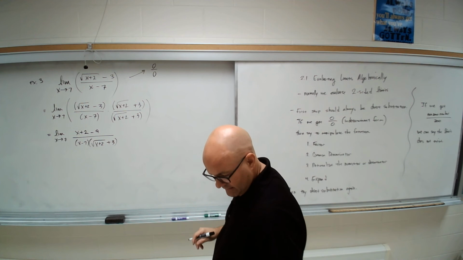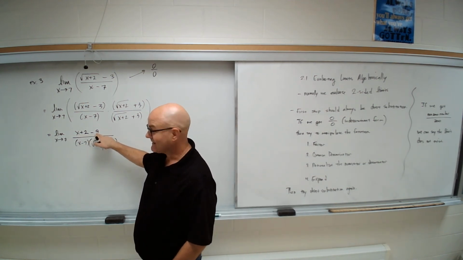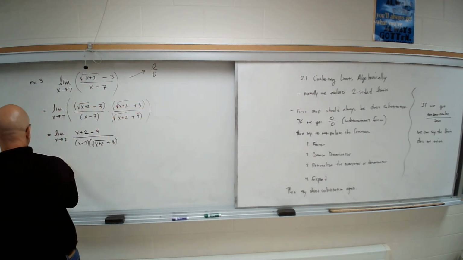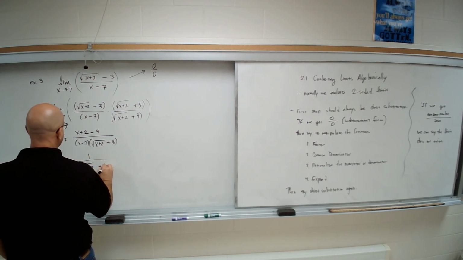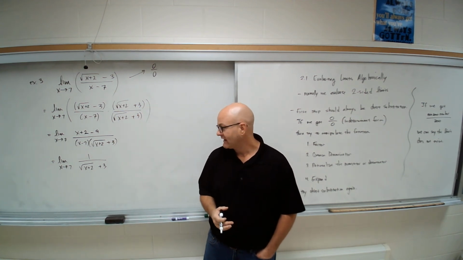And from here, if we look, x + 2 - 9 is x - 7. So those will cancel. And that's the limit as x approaches 7 of 1 over (radical x + 2 plus 3). Right, so I simplified it using one of our techniques.